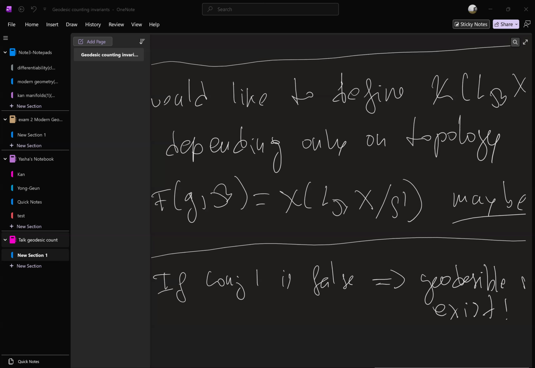Is there a modern treatment of his theory that I can look at? I don't know if there is, but there is a more topological approach to his work. There is a work of Dancer. They use some kind of algebraic topology machinery, and there are also some other ingredients.